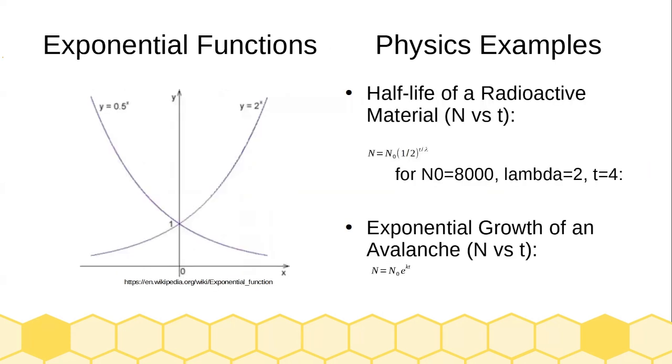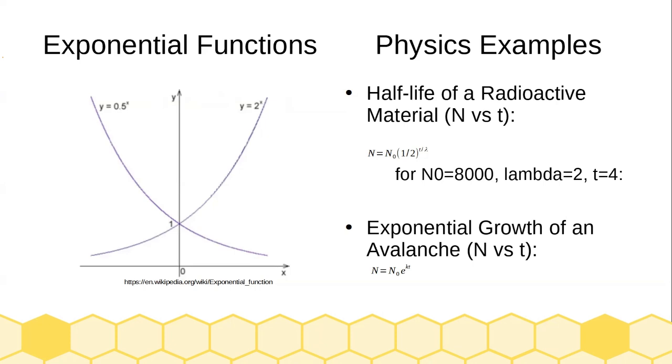The next type of function that we're going to talk about is an exponential function, which, instead of being x squared or x cubed or whatever, is 2 to the x, or some number, not necessarily 2, to the x.